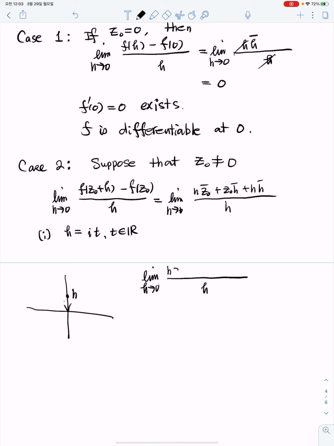Then the limit as h goes to 0 means t goes to 0.